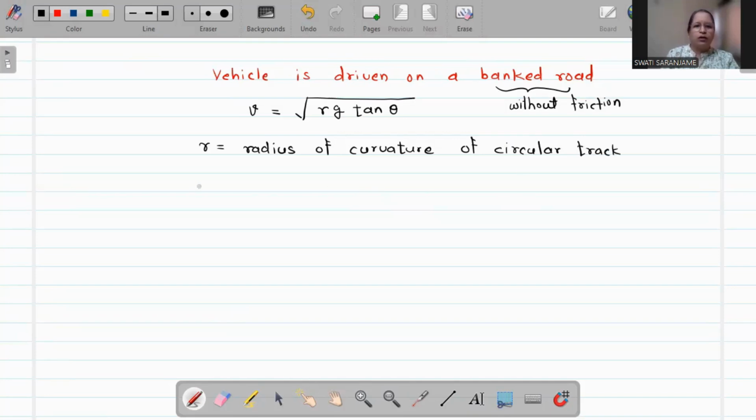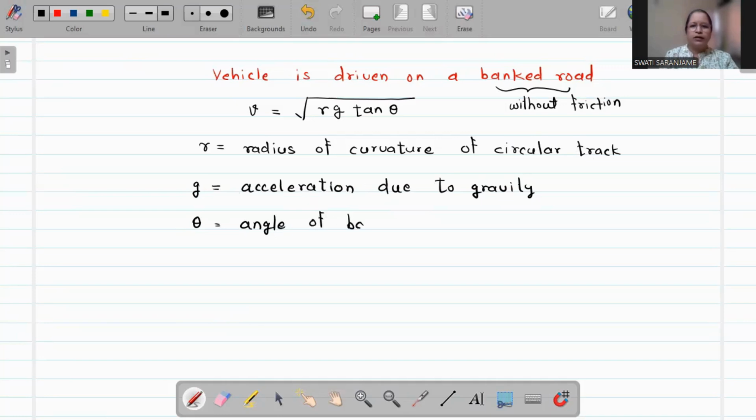As you all know, g represents acceleration due to gravity. And theta is the angle of banking.